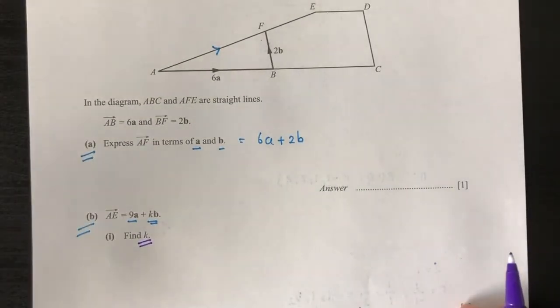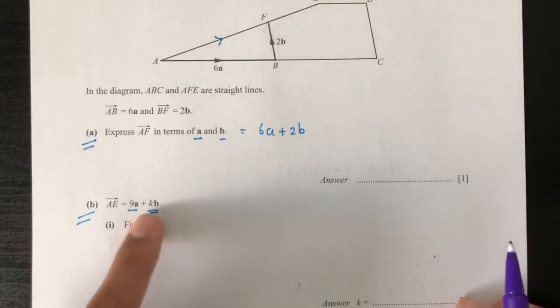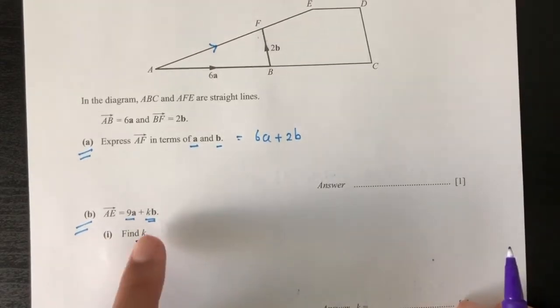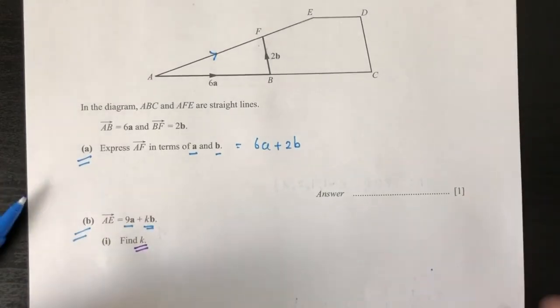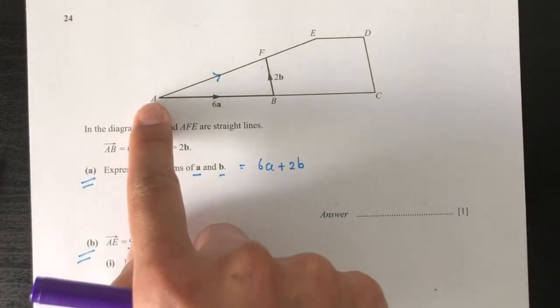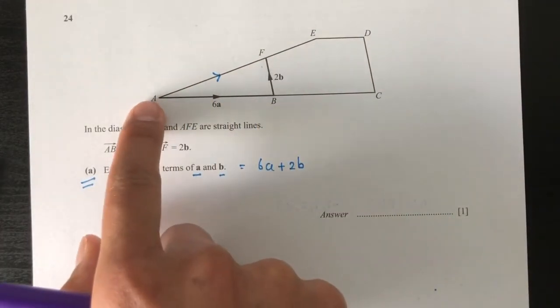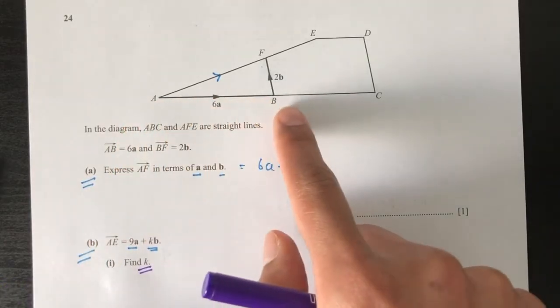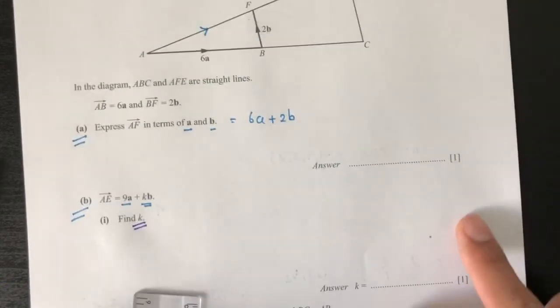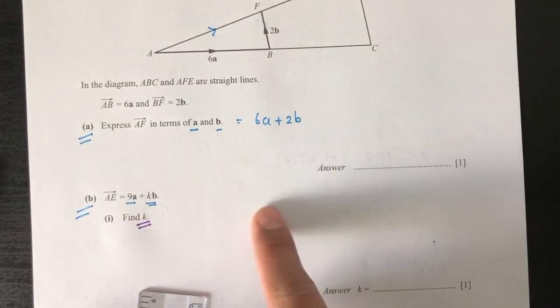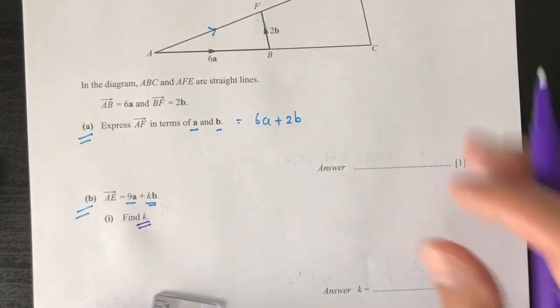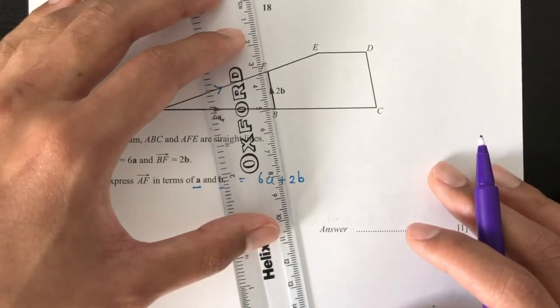So that's why I can assume that AE and BF are parallel, because as you can see, to go from A to F, we first have to move in direction of A and move by direction of B. Same thing, to go from A to E, we have to first move by direction of A and then direction of B. So these two lines will have to be parallel to each other.